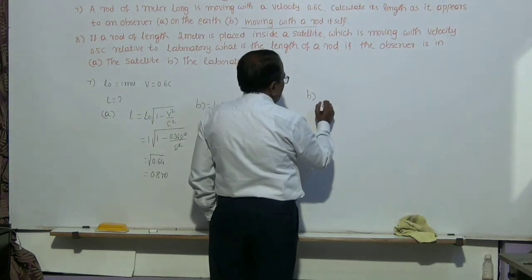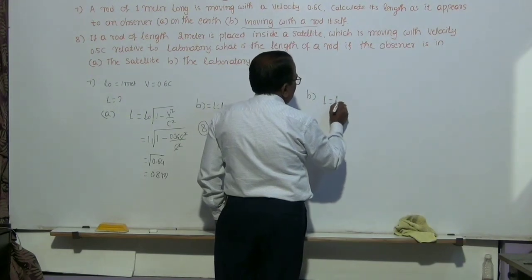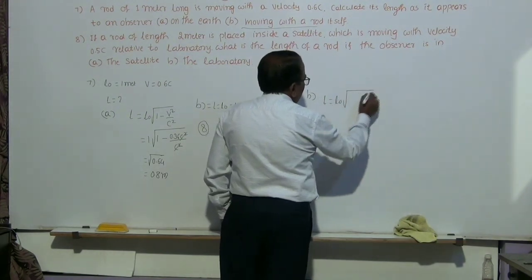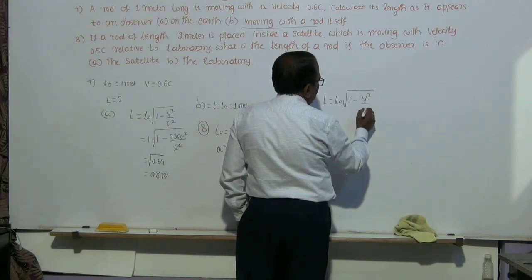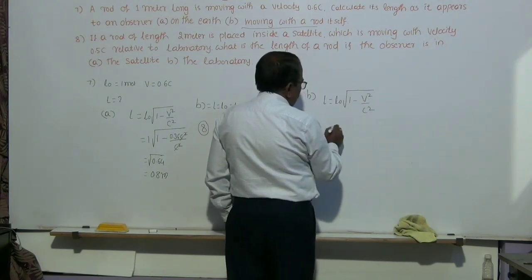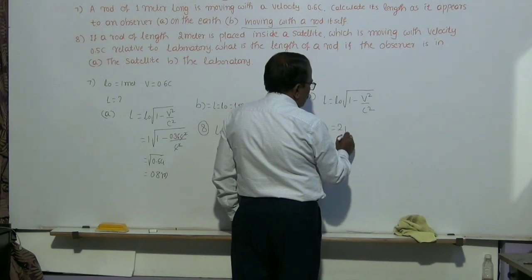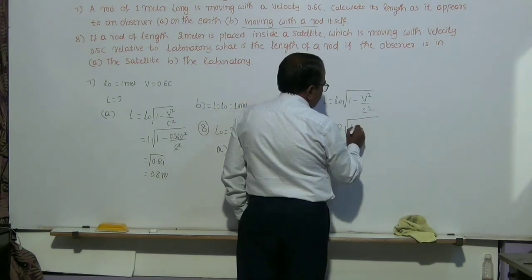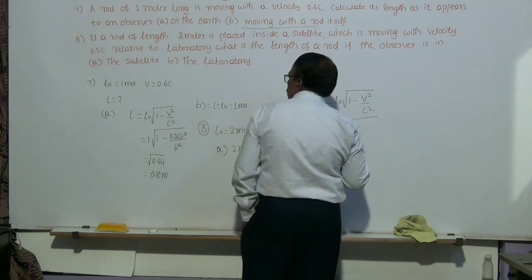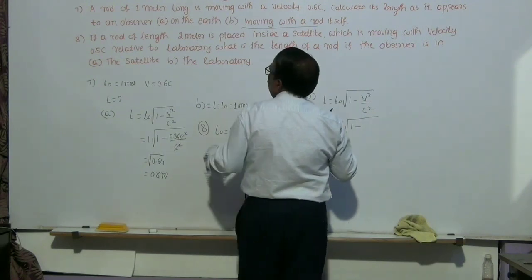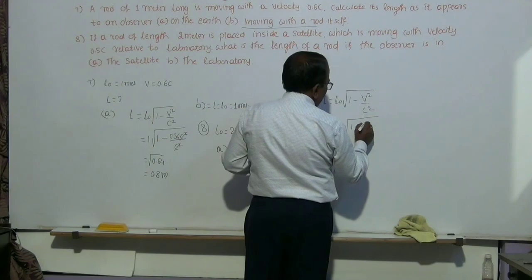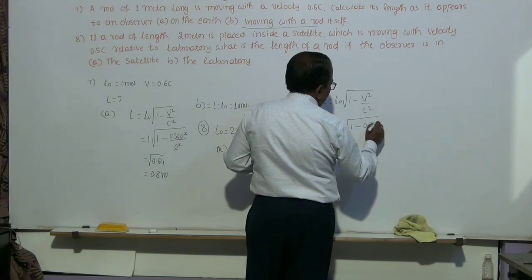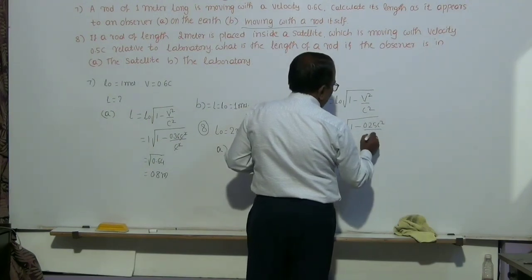your length is L is equal to L naught, once again square root of 1 minus v square by c square. Then this L naught is 2 meter, 1 minus your v square is 0.5 is 0.25 c square upon c square.